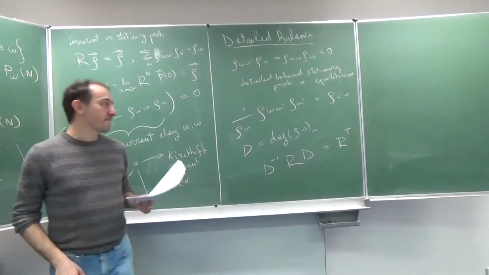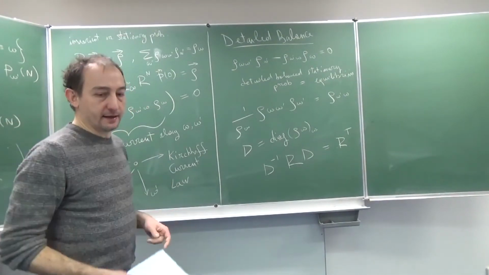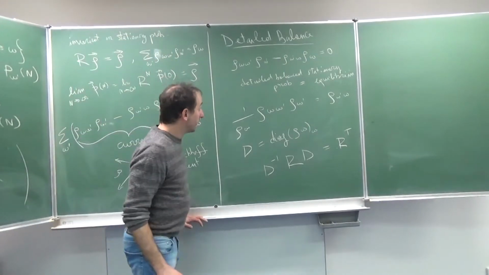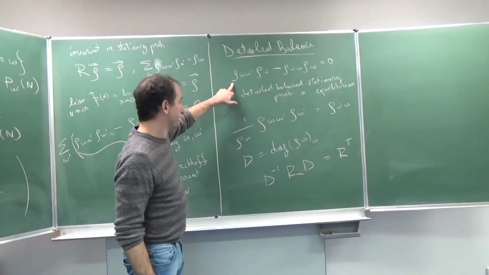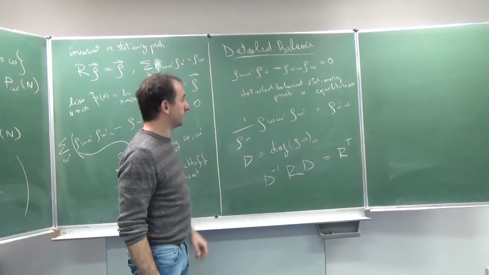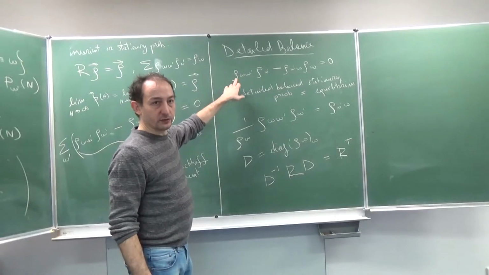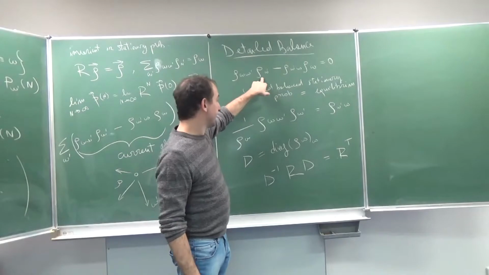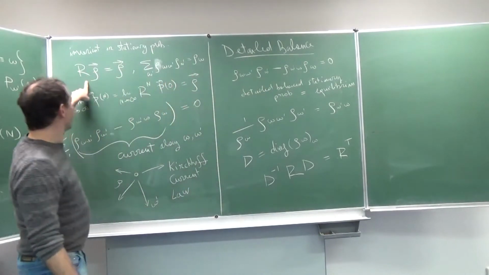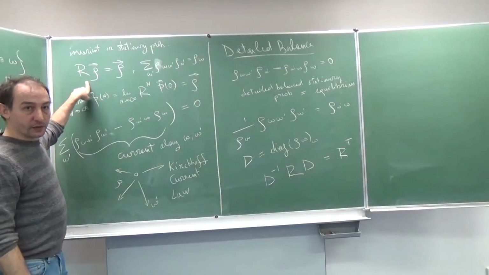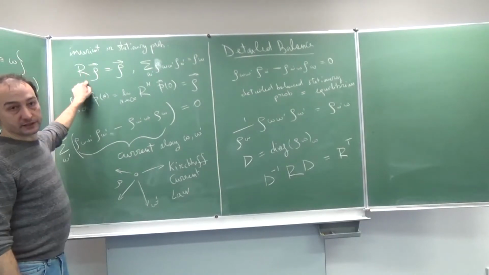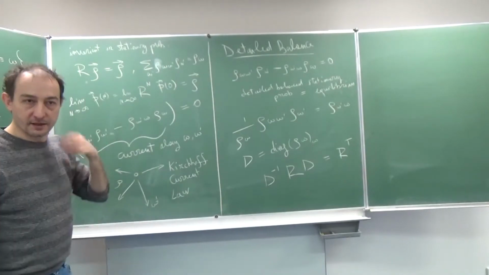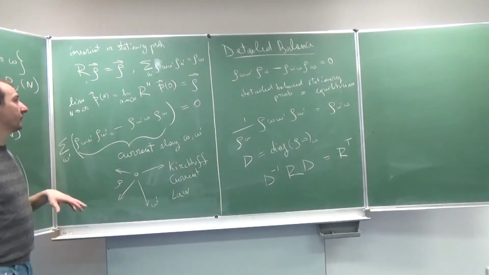Okay, so next: how do we check that a system satisfies detailed balance or not? From this expression here, from this blackboard, it seems that you need to know the steady state, right? To know the steady state, you have to solve the steady state probability equation. This is not easy to solve. If the system is large, it's a linear algebra problem, but if the system is large enough, it's a difficult problem.